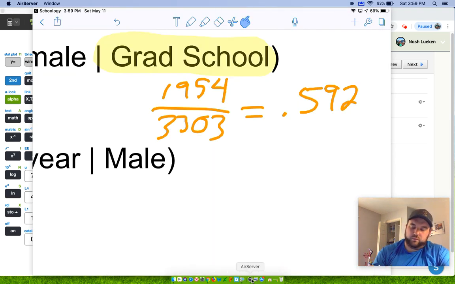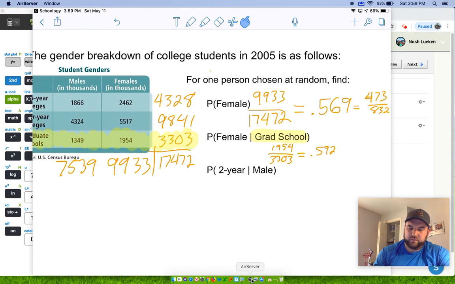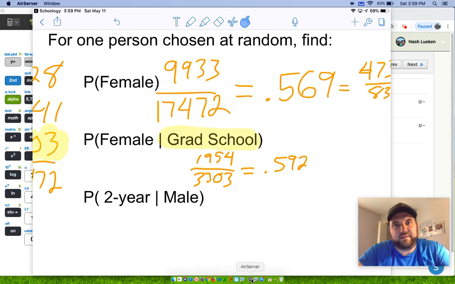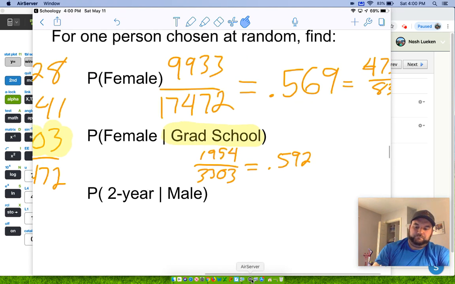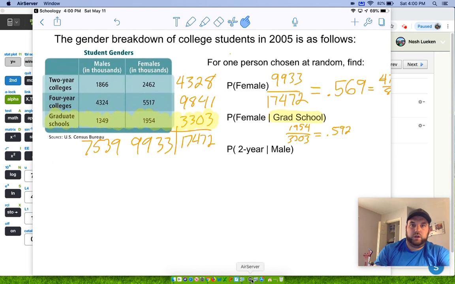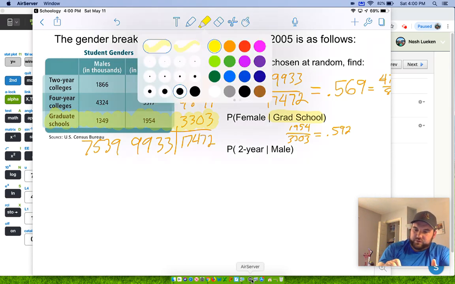We're not analyzing this data closely, but if you look at the first two answers, we had a 57% chance of choosing a female from all college students, and that probability rose to 59.2% when we talked just about grad school students. So you're slightly more likely to choose a female from a random group if you know they are in grad school.